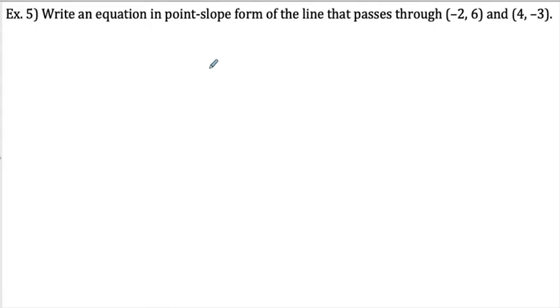All right, on example 5, we increase the difficulty a little bit just because now you have two ordered pairs and the slope isn't straightforwardly given to you. And so on a problem like this, you would need to calculate that slope. And so you need to subtract your y values and subtract your x values.